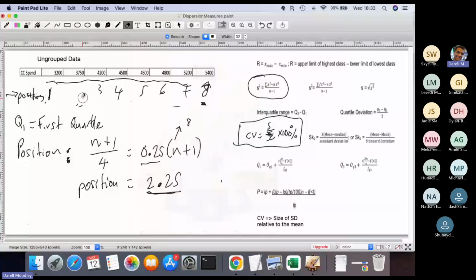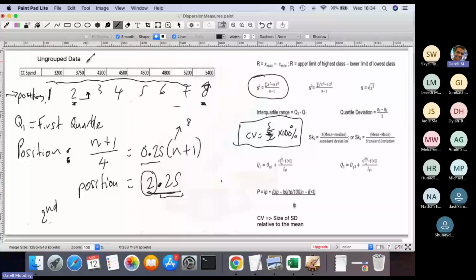And that means we have to be a bit more exact. So we're saying, yes, it is the second person, but that 0.25 means it's not exactly the second person. It's somewhere in between the second and third person. And we need to work out what that in-between value is. And how you do that is, first, you take the number in front of the decimal, 2. So we know it's the second person. So the second value, what is the second value?